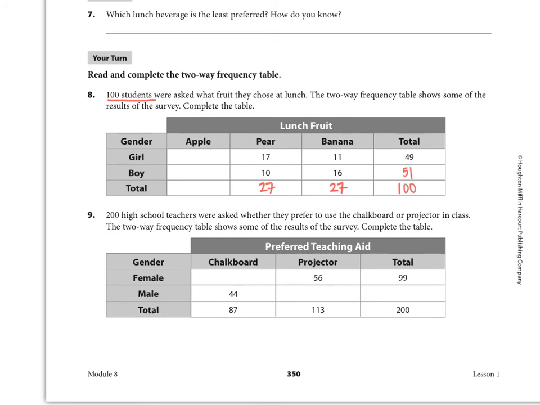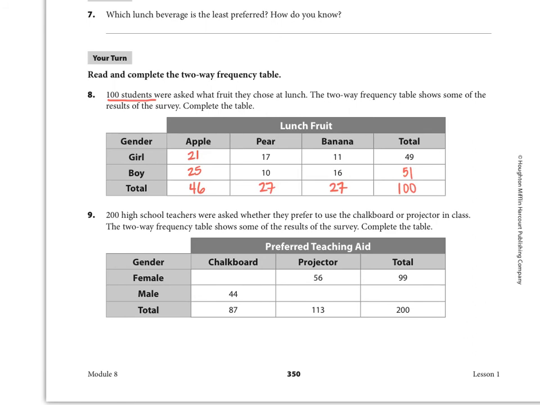So when I subtract, it looks like 21. And then 25 boys chose an apple. So that's going to give me 46 total. And that's it for this table.